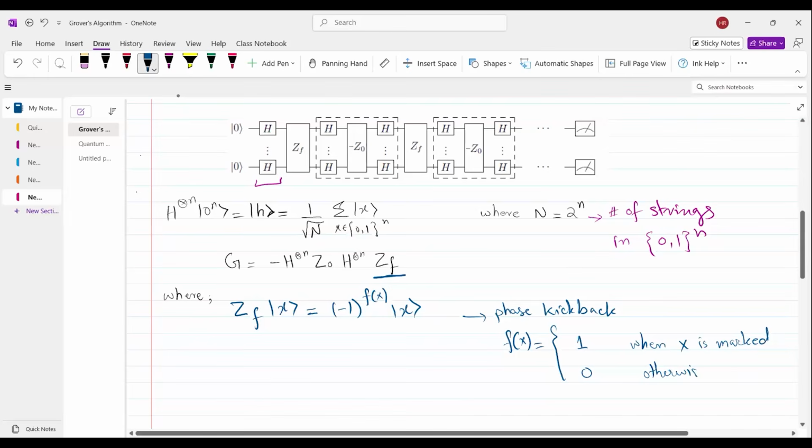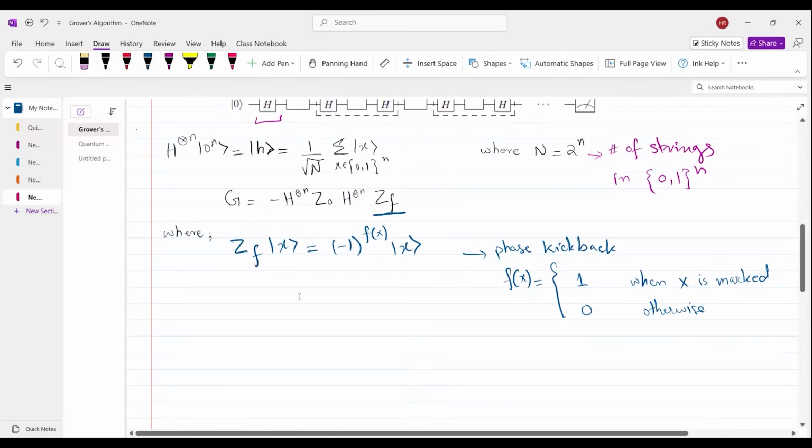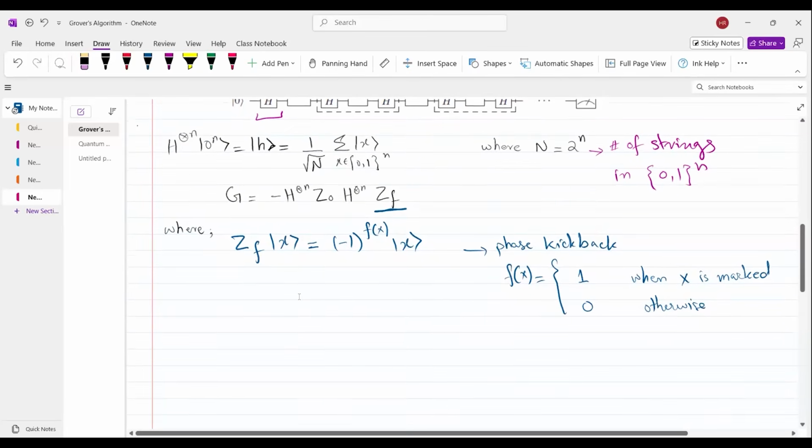So this operator will only induce this phase over the input if the string x is actually marked, which means that f of x is equal to 1, right?